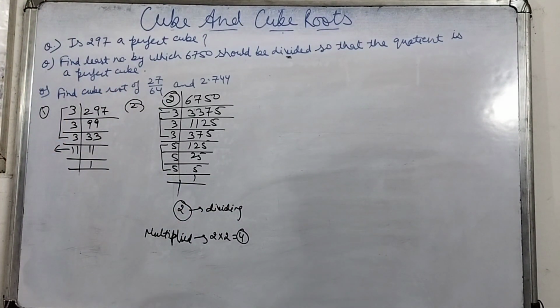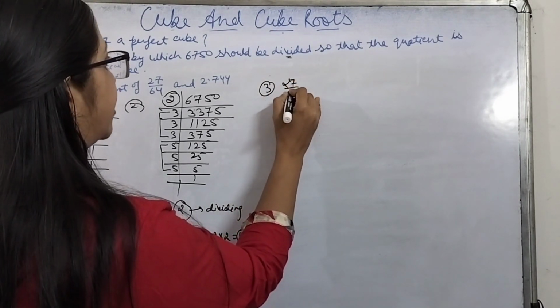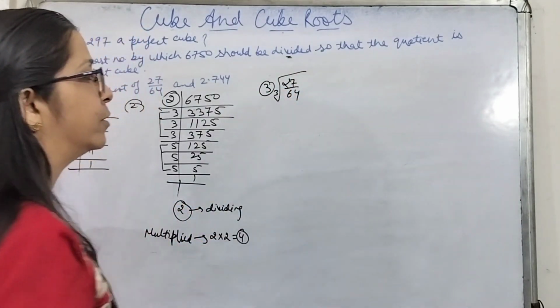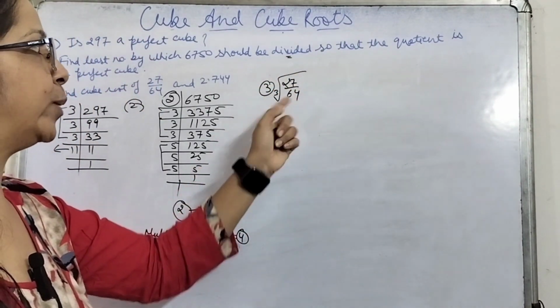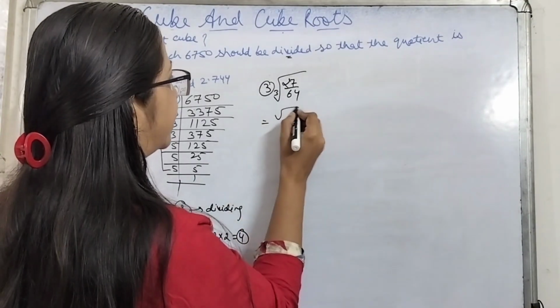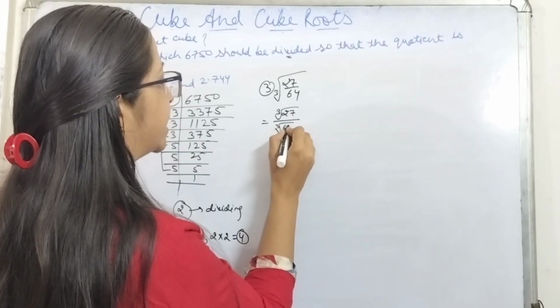The next question is find the cube root of 27 by 64. We have to write it like this: cube root of 27 by 64. Just now we said if it is like this, we can write it separately even: cube root of 27, cube root of 64.